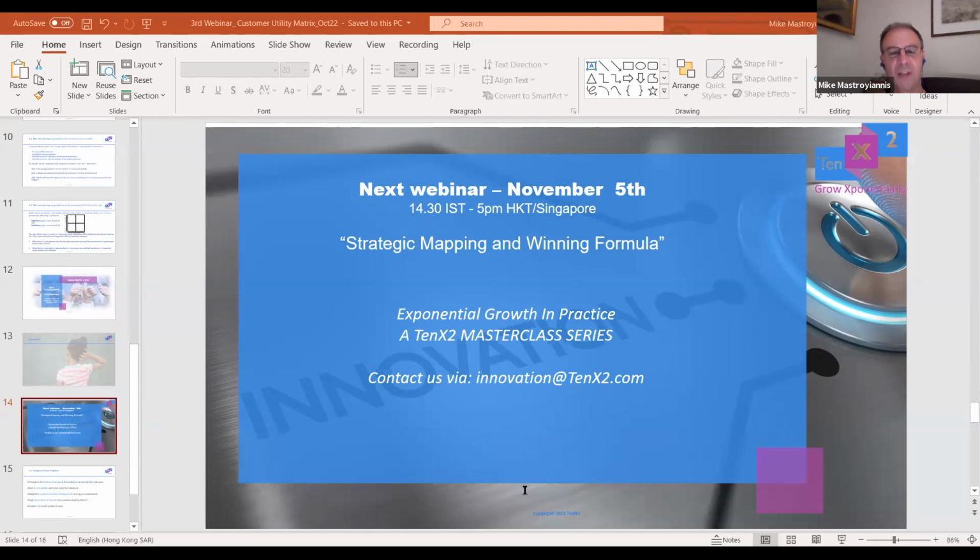And it's going to be about strategic mapping and the winning formula, which is the next stage after what we discussed today, which is the customer utility matrix. The next stage is creating the future strategic map and creating the winning formula, which is helping you to focus and differentiate. So this is what we're going to do in 2 weeks.